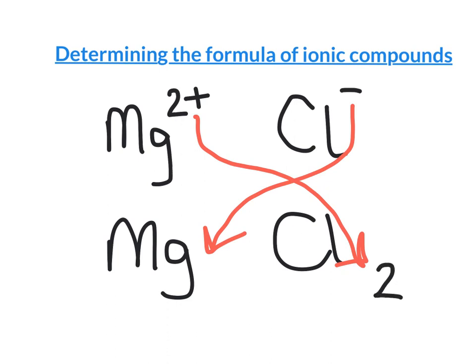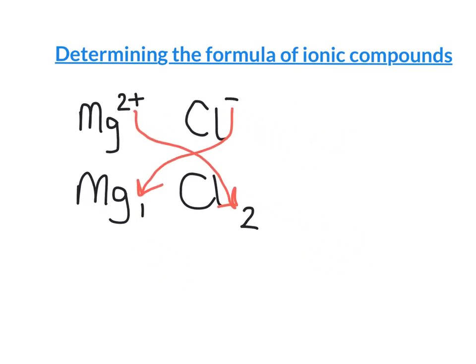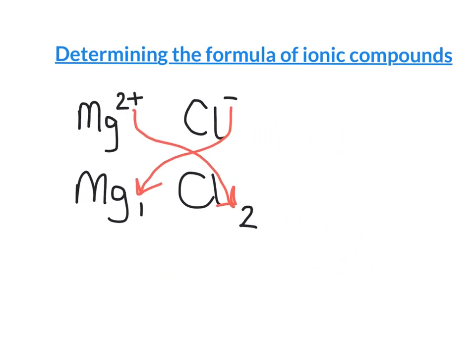That 2 is going to come down here. And on the chlorine, there's a 1 minus charge, and that is going to come down here. Nice and easy. A lot of students like this method because it's pretty simple to use. And that is just going to give me an ionic compound of magnesium chloride.